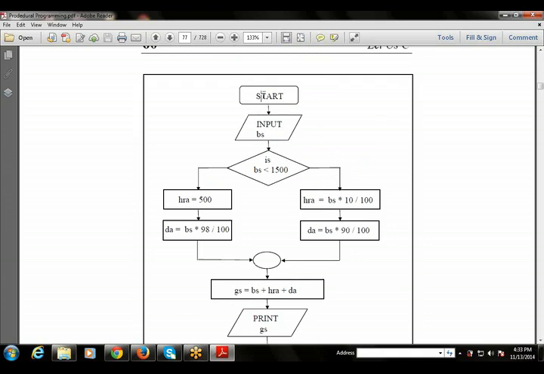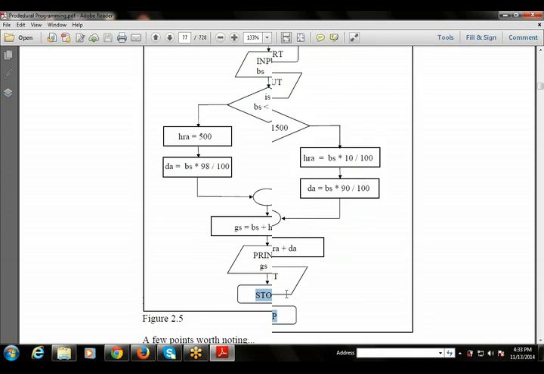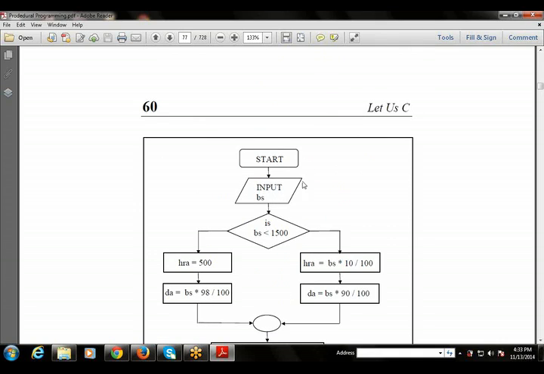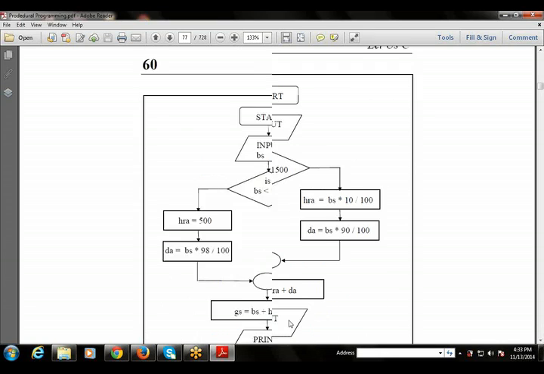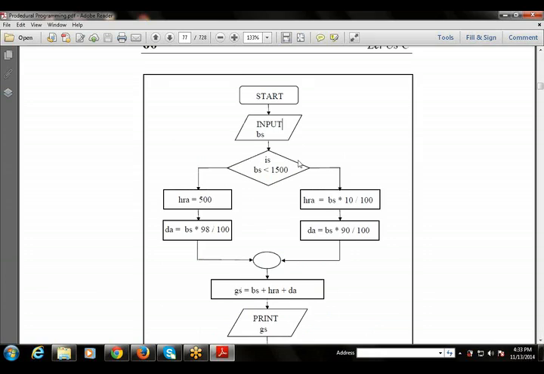So you see, start and stop are denoted by the oval. The input box and the output box are denoted by the parallelogram. This is input, this is output, and the decision, that is the condition, is checked within the decision box, that is BS is less than 1500.